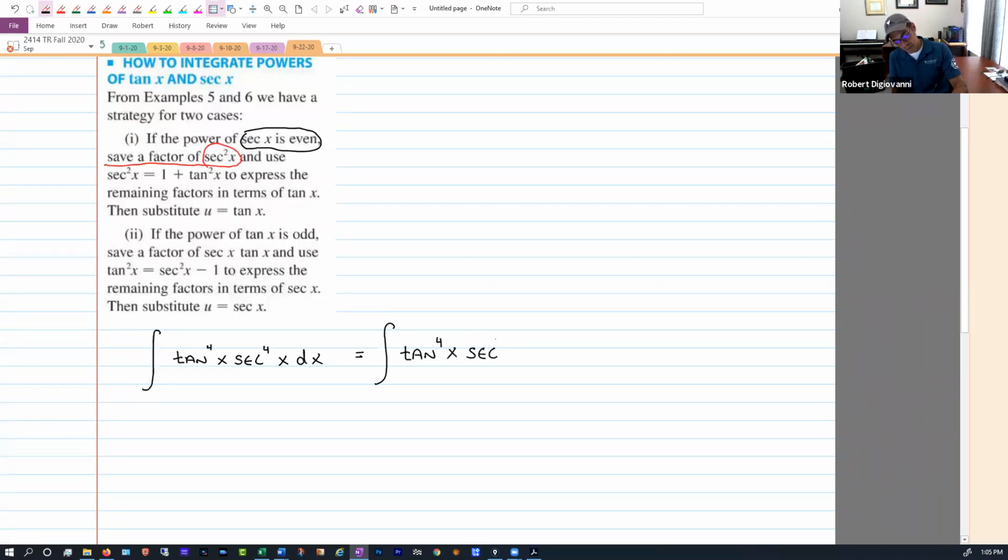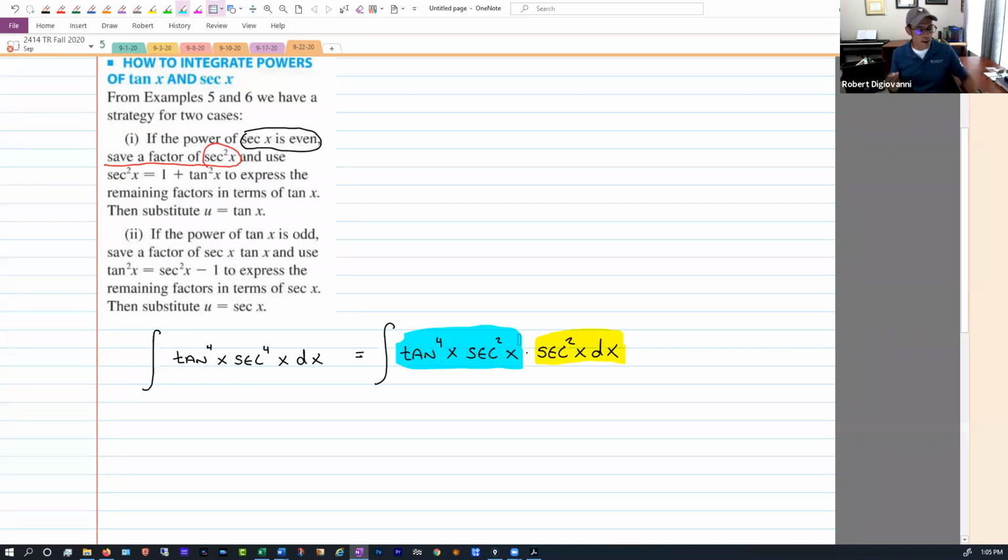So I had secant to the fourth, so I'm going to write it secant squared times secant squared. So that's me forcing a secant squared to the outside. And the thing that you want to be thinking is that you know that secant squared is the derivative of tangent. So now what you want to do is try and get everything else in the integral written in terms of tangent.